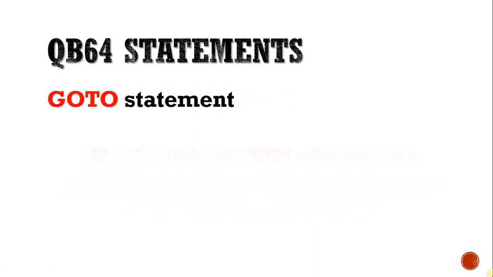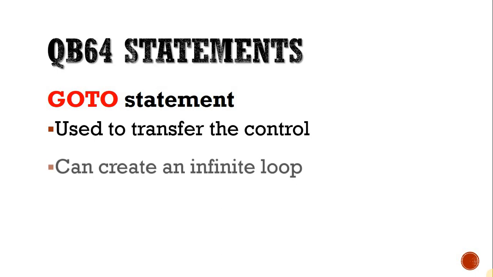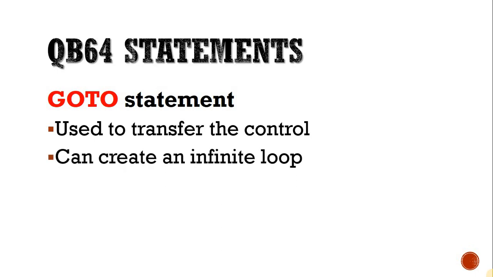Next, the go to statement. It is used to transfer the program control from one statement to another statement. For example, if I want to execute the first 3 lines and I don't want to execute the next line, and directly execute the 5th line, for this we can use the go to statement. By using the go to statement, we can also create an infinite loop.